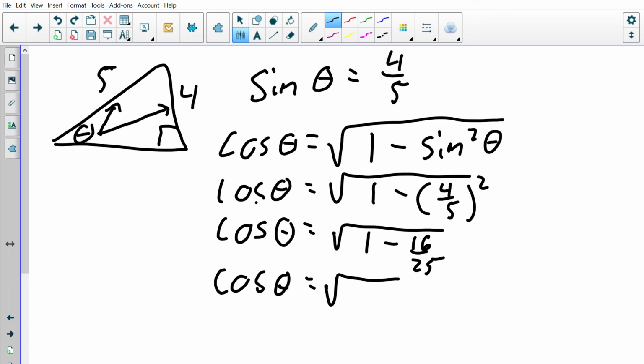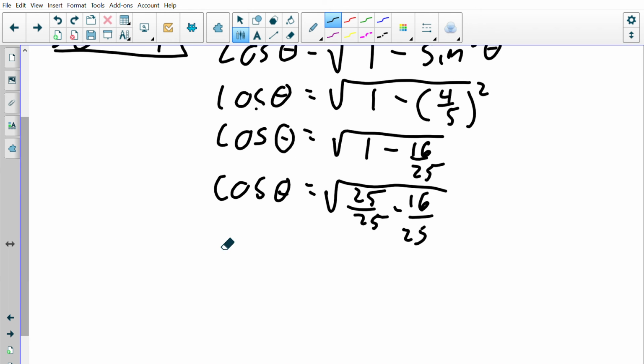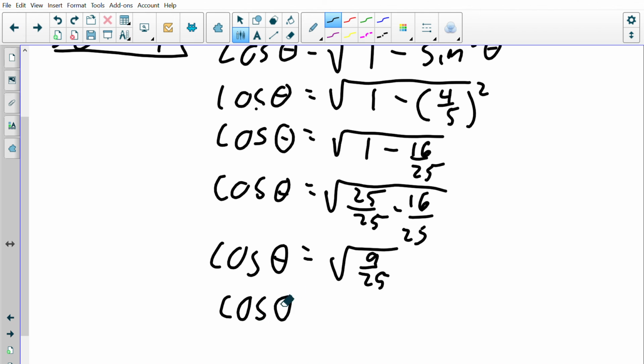So I'm going to say 25 over 25 is the same as 1, but gives me the same denominator. Then I'm going to subtract, and I get 9 over 25. The square root of that, I get cosine is 3 over 5.